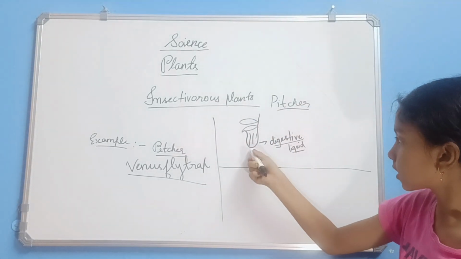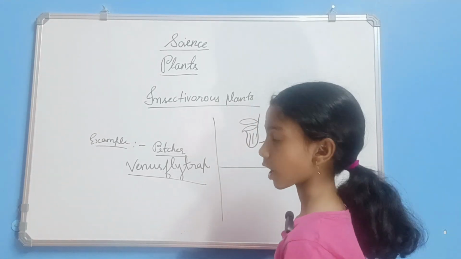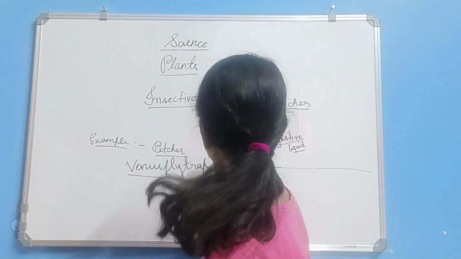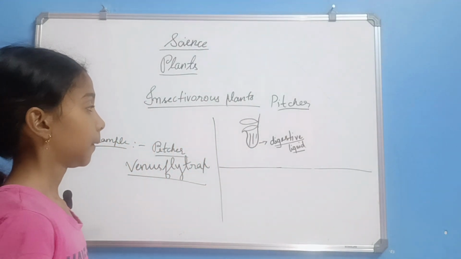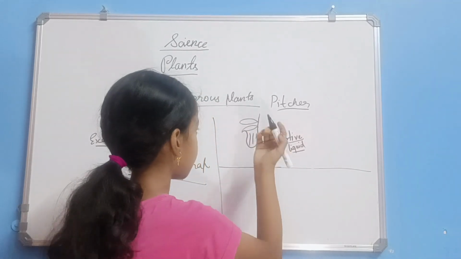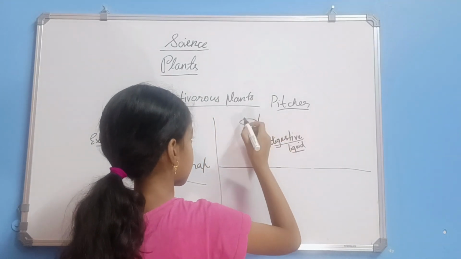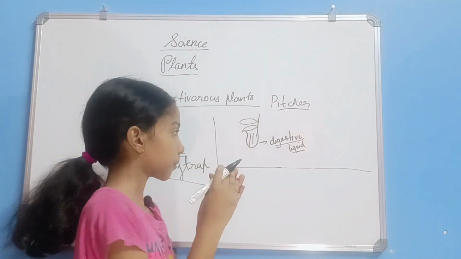Like this, this pitcher plant is so beautiful, so all insects are attracted and come and sit over here. When an insect sits over here, the pitcher plant will close like this.